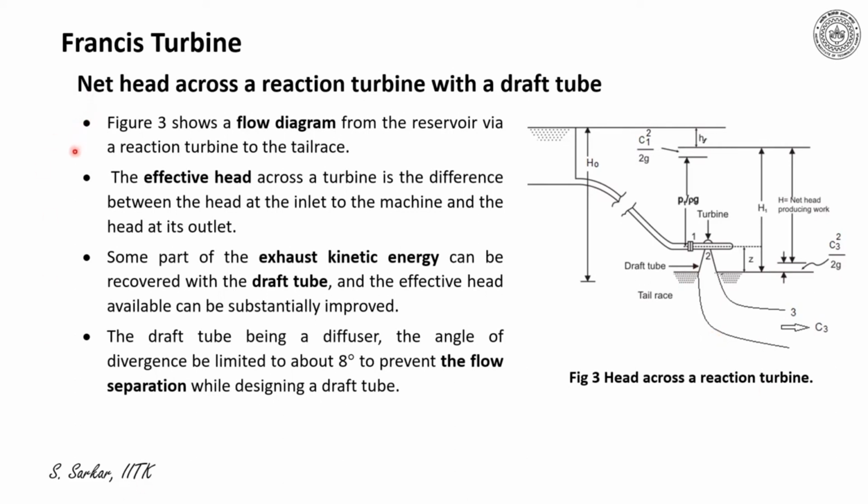Here I have indicated the features of a draft tube, stating that the effective head across a turbine is the difference between the head at inlet to the machine and the head at its outlet. So all can imagine now the effective head, which would be the head drop because of flow through the turbine. That is the difference between the head at the state point 1 minus head at the state point 2.